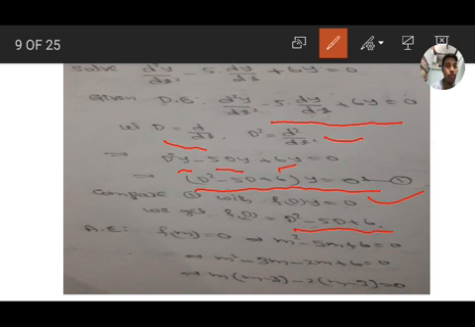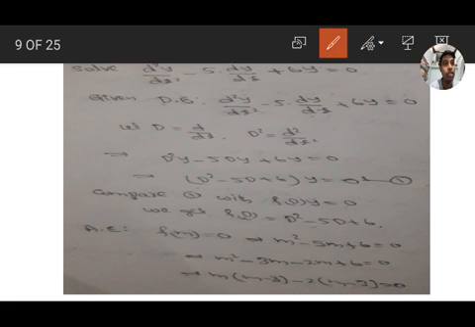Next, second step, we wrote the equation in the symbolic form, that is f of D of y equal to 0. Then the auxiliary equation, f of m equal to 0, that is m square minus 5m plus 6 equal to 0, and factorize to solve it for m.